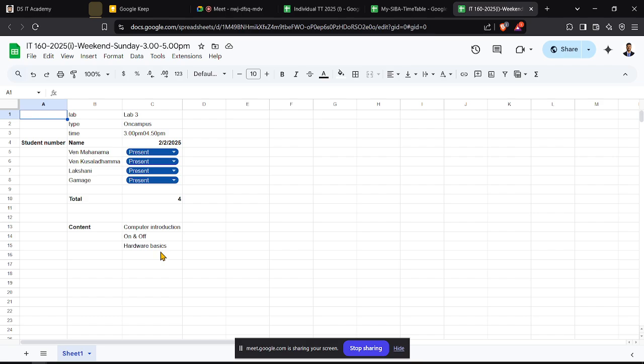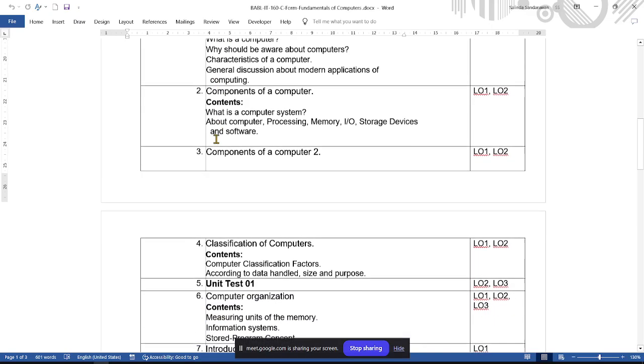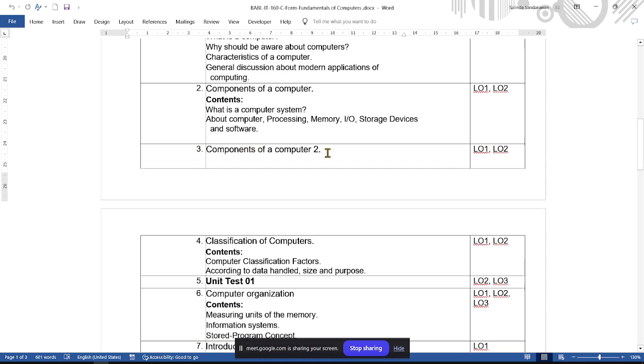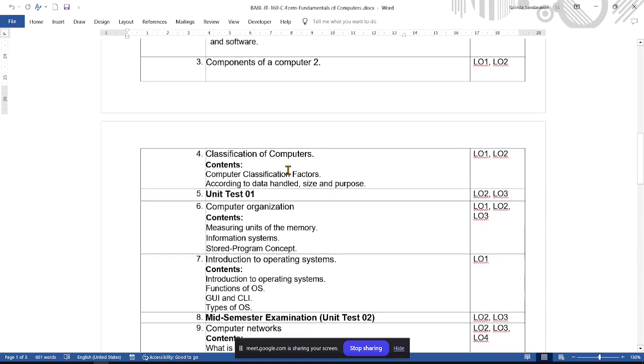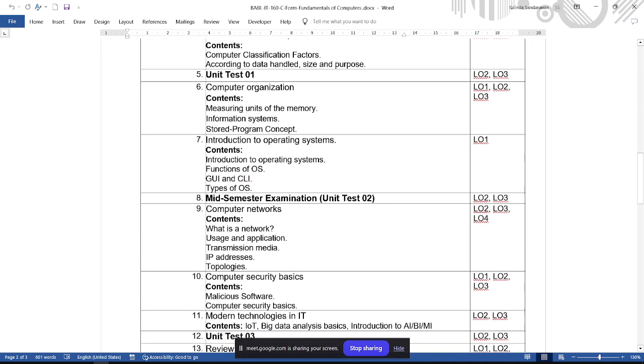Today we'll discuss some more things, and then the components of a computer, processing system, and classification of computers, then computer organization according to measuring units, information systems, and the types of operating systems, GUI and CLI.